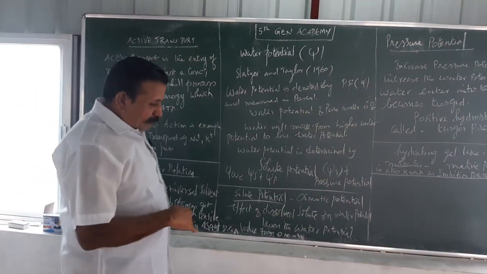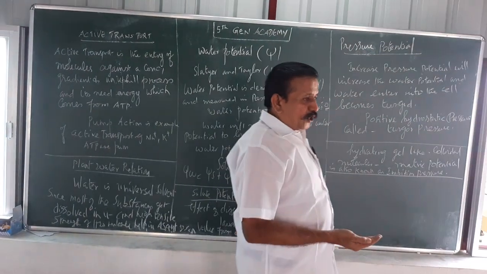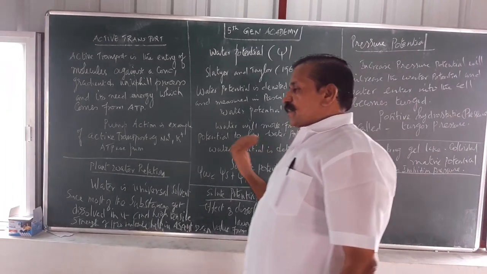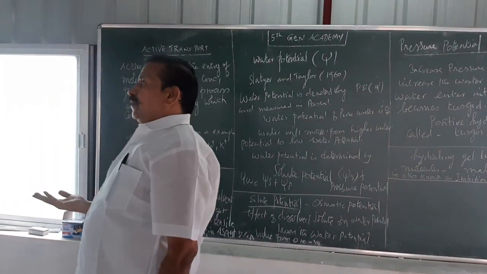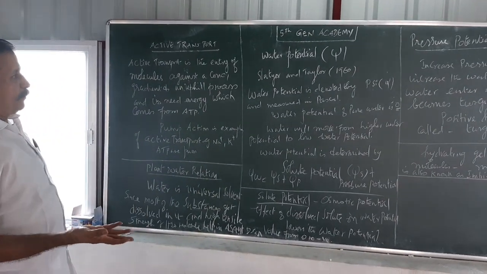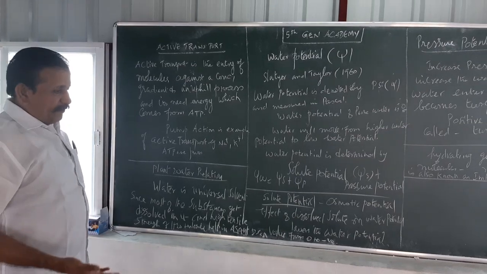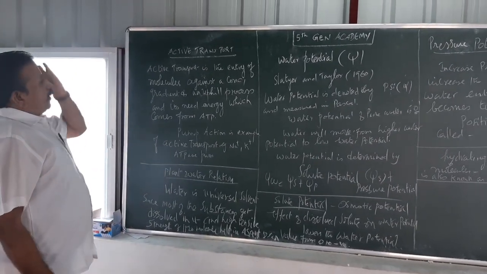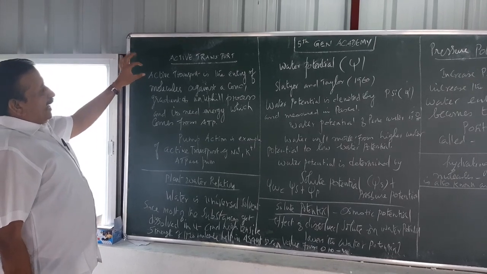Passive transport is a physiological process that needs no external energy, and includes the diffusion process, the imbibition process, and some osmotic processes we also studied. But today we are going to see about active transport.